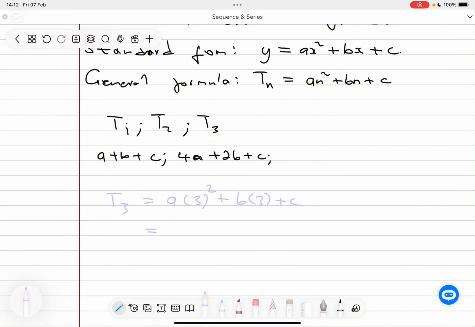Now this would mean 3 squared is a 9, and this should give me 9a, and b times 3 is just 3b, and we have c here. So now term 3 would be given by 9a plus 3b plus c.